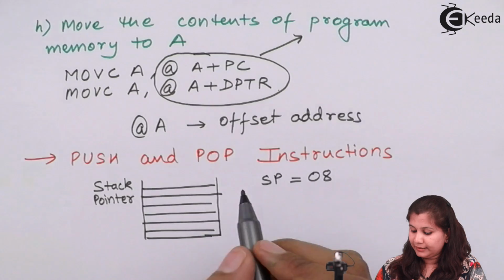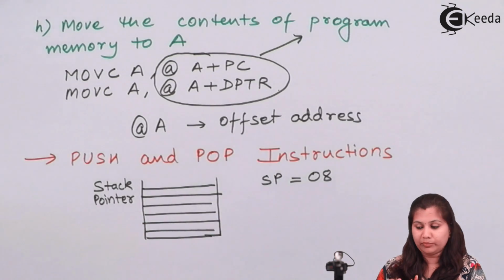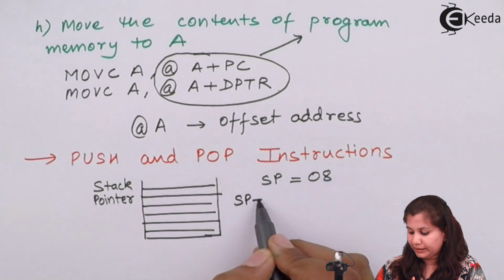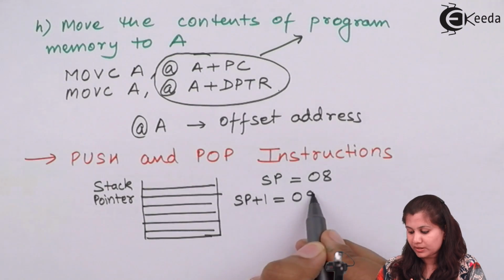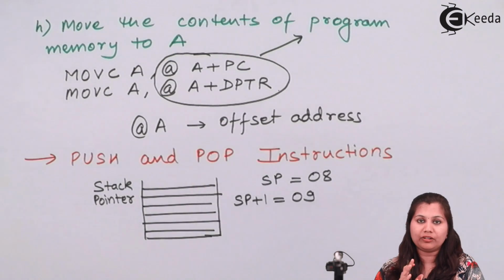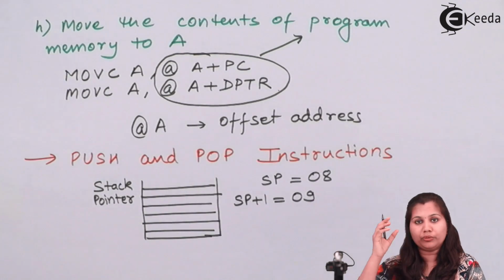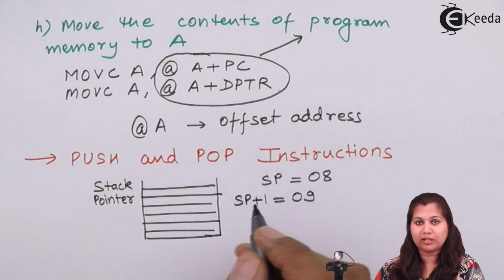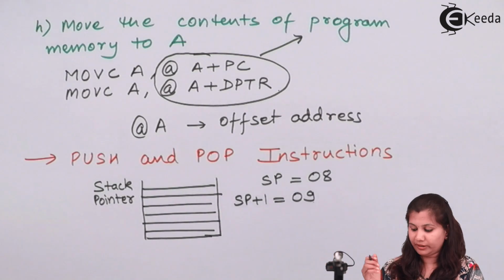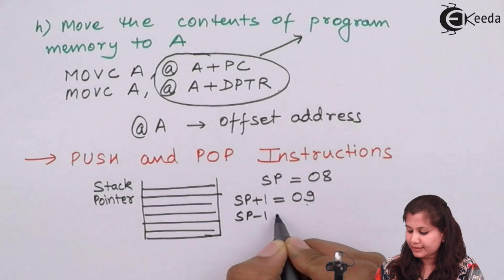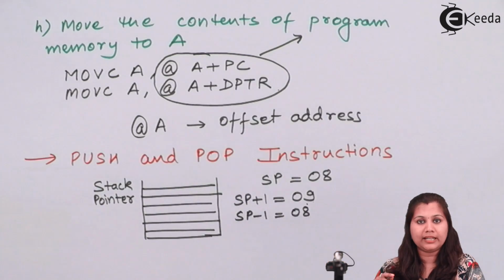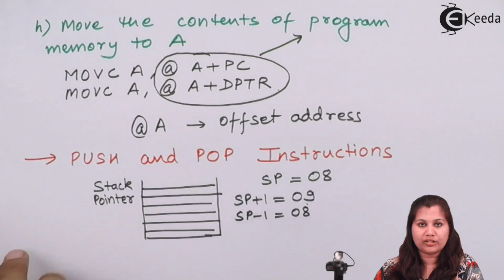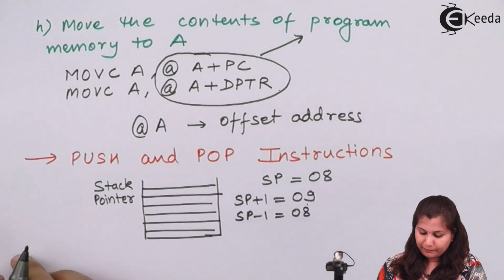When we want to store some data, the stack pointer will be incremented by 1, it becomes 09, and then the data will be stored. If we want to retrieve from this memory location 09, first it will be decremented by 1, that is SP minus 1, it will become 08, and then the data will be retrieved. Let's take some example so it will be clear to you.